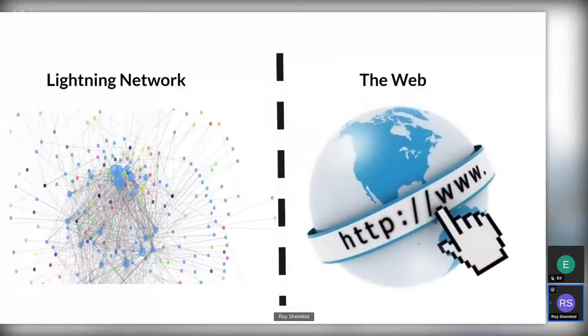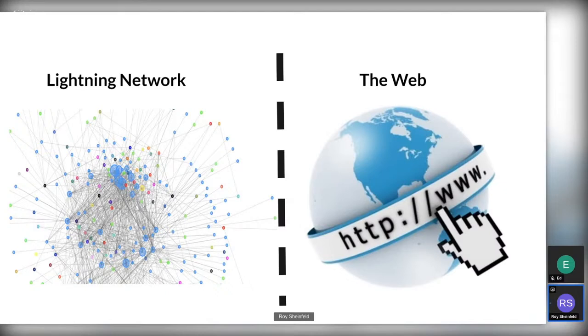It's really interesting. Why are we even discussing Lightning Network and the web? Do these two networks really need to be integrated? What are the integration points between Lightning Network and the web? Why do we need to integrate them, and so on?